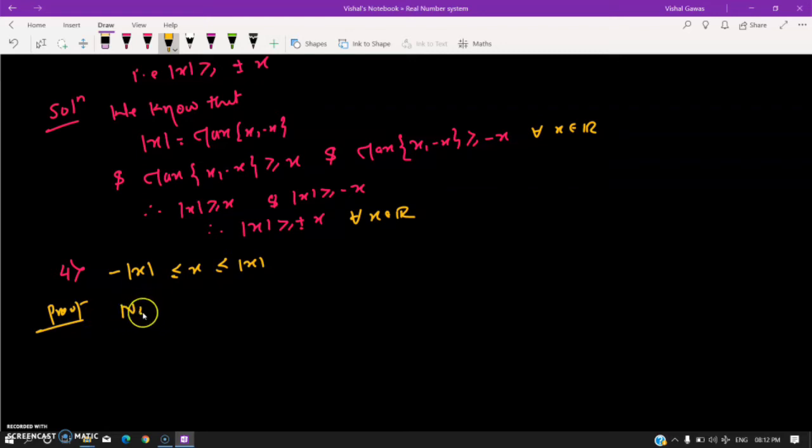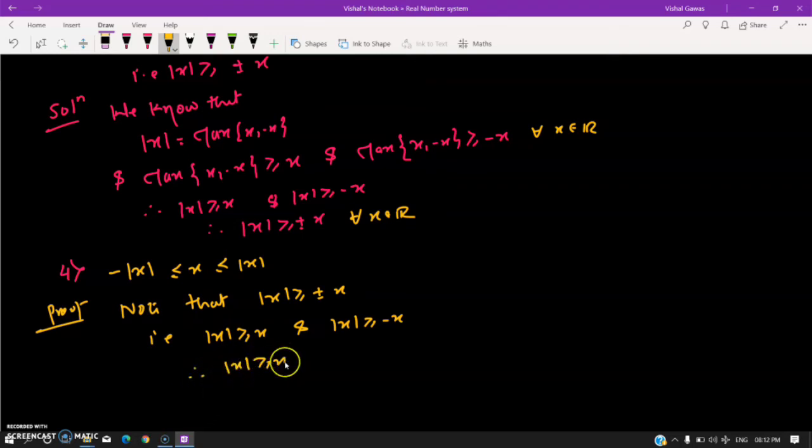Note that mod x is bigger than or equal to plus or minus x from this theorem, right? That is, mod x is bigger than or equal to minus x. Therefore, mod x is bigger than or equal to x, and if I multiply both sides by negative sign, x becomes less than or equal to, if I multiply by minus sign, inequality will reverse, right?